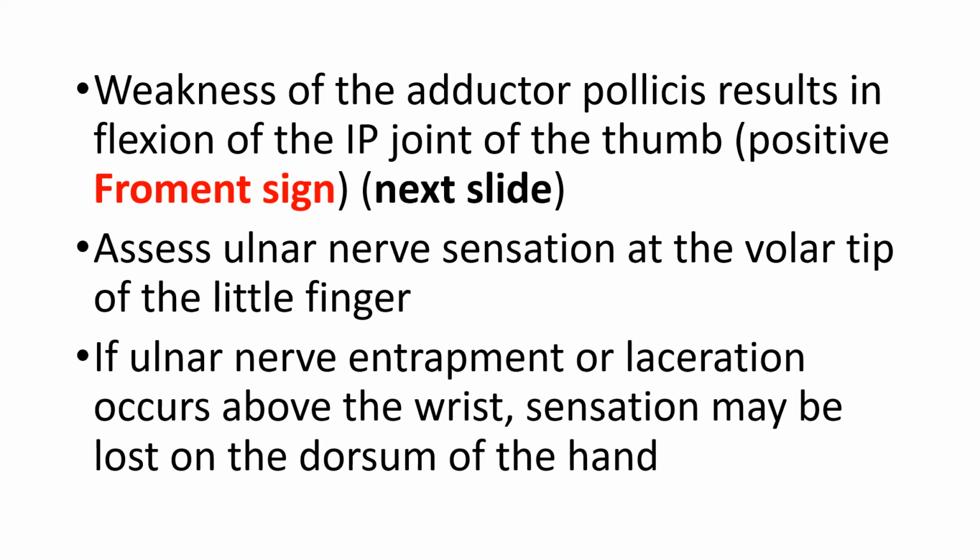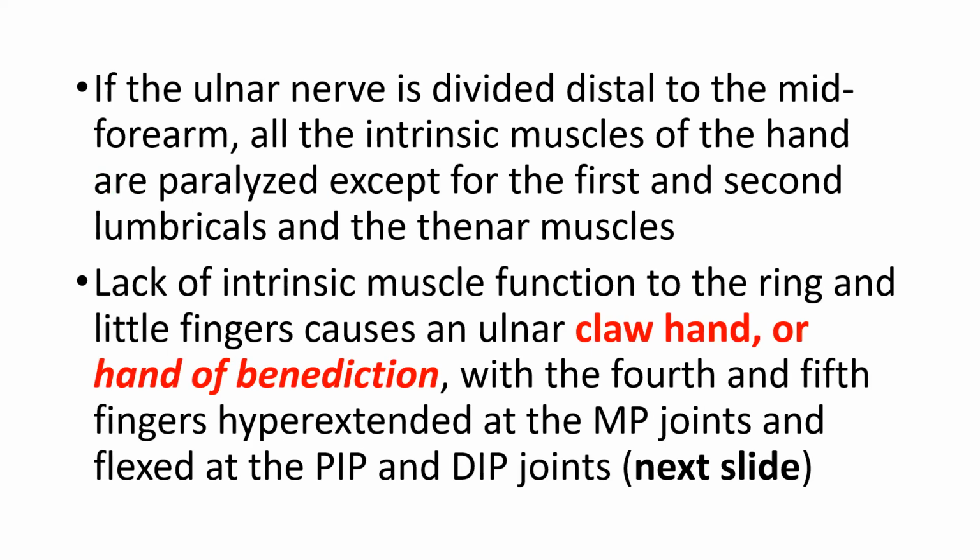If ulnar nerve entrapment or laceration occurs above the wrist, sensation may be lost on the dorsum of the hand. If the ulnar nerve is divided distal to the mid-forearm, all the intrinsic muscles of the hand are paralyzed except for the first and second lumbricals and thenar muscles.